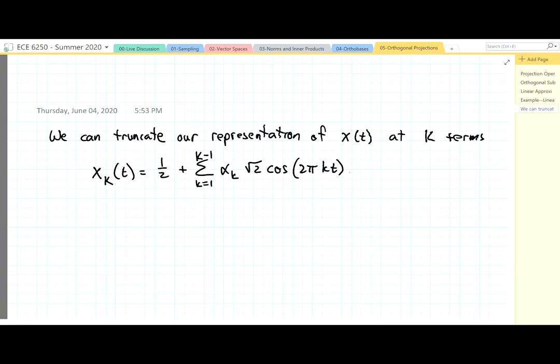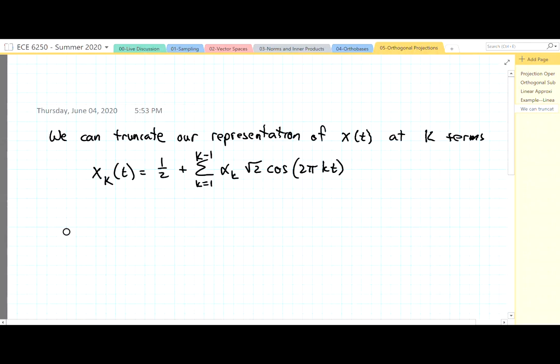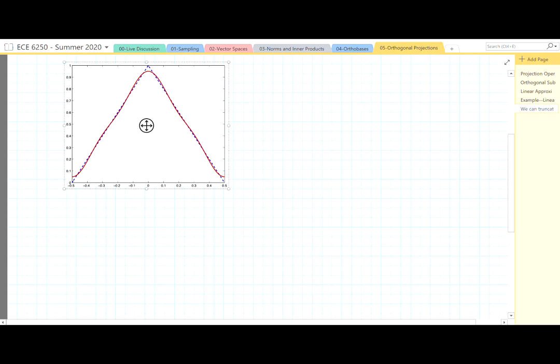And let's go ahead and look at what these would look like. So this first one is what happens when capital K is equal to 3. I'm sorry, capital K is equal to 4. So this would be x4 of t.